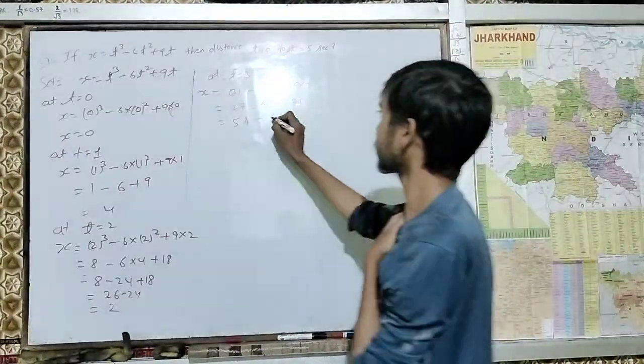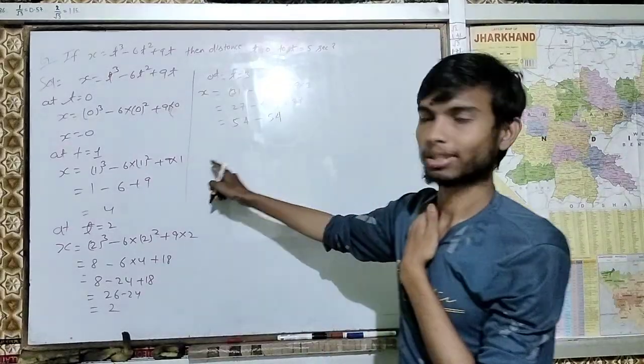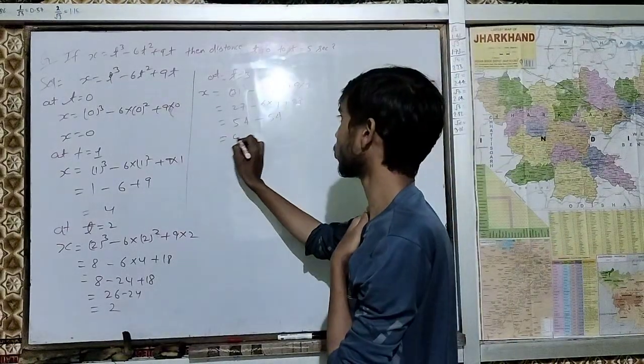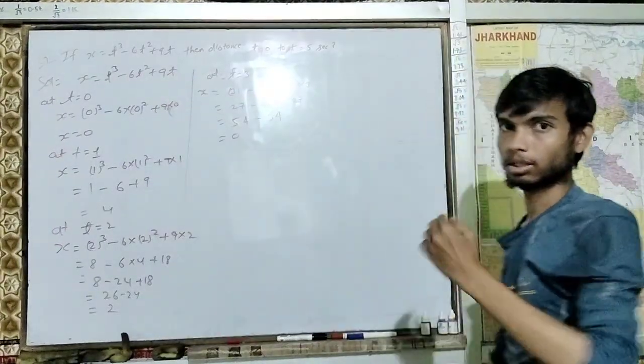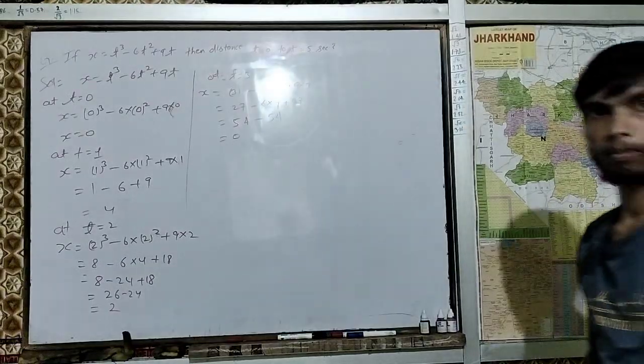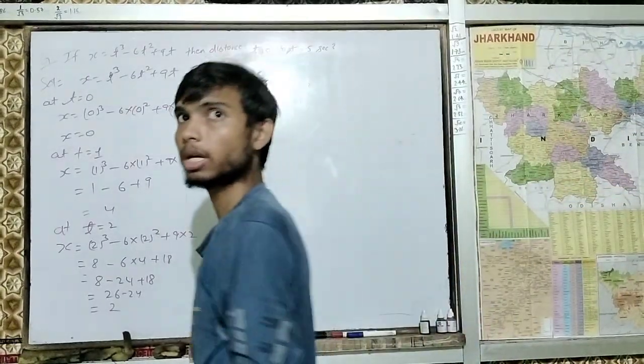So 9 6s are 54. What are you observing over here? x is coming to 0 where t is equal to 3. Here there is a twist. In the visualization explanation, we will see this twist.